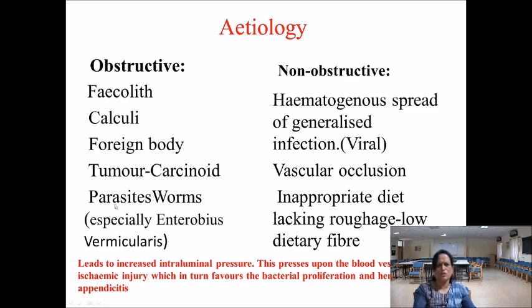More common are parasites. A very common parasitic infestation that we see in the appendix is Enterobius vermicularis, commonly called pinworm. Oxyuriasis is very common in children. You know how children complain about perianal skin itching, especially during the night. The worm comes out during the night to lay eggs around the anal skin.